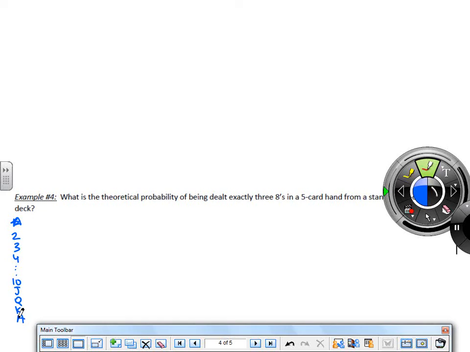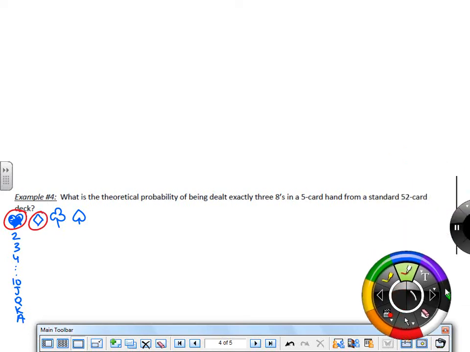And these cards exist in 4 different suits: hearts, diamonds, clubs, and spades. Okay? And then those come in 2 different colors. Okay? So the hearts and the diamonds are red, and the spades and the clubs are black.